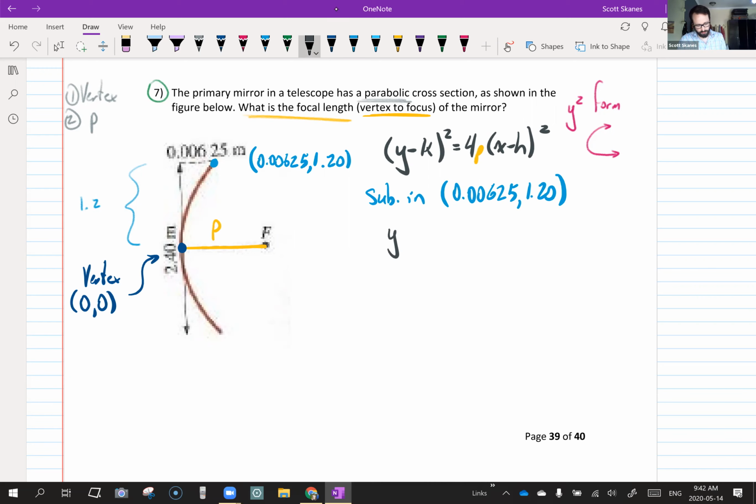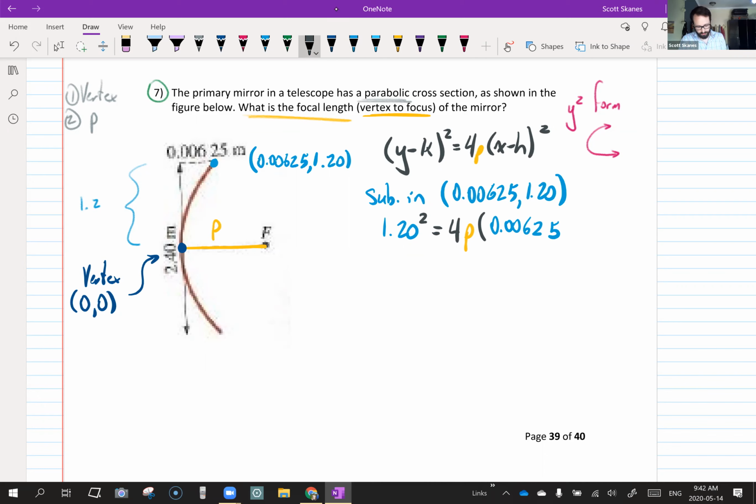This gives us 1.20 squared on the left. For p, our x value is 0, so really it's just the h value that we care about. Sorry, no. Our x value is 0.00625. Sorry, I'm getting all these numbers mixed up because I'm staring at them, and I'm sure you'll find the same thing.